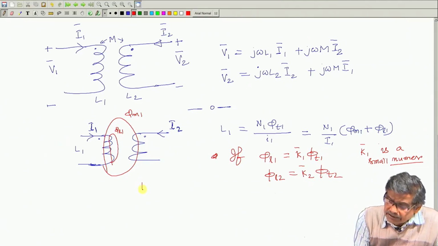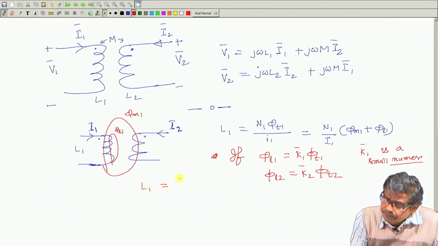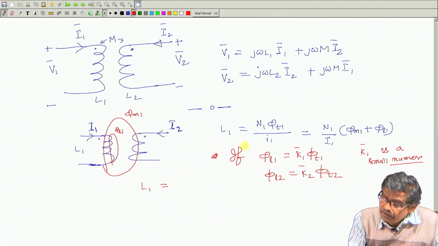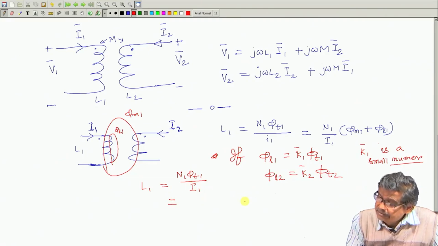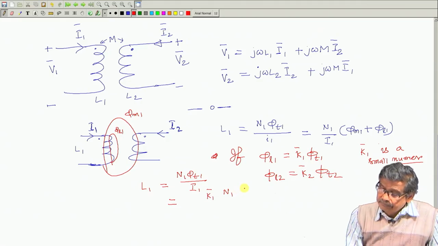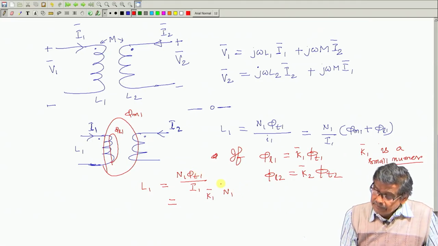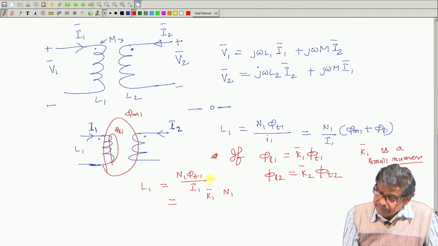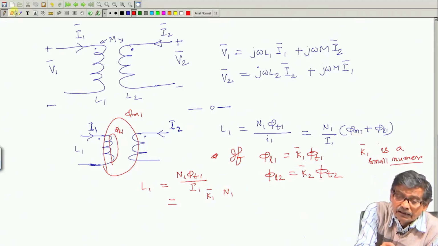Now, if you recall that L1 is equal to N1 phi T1, that is what I have written here, divided by I1. Now, this can therefore be written in terms of this leakage flux, as some K1 bar N1 into phi T1. Phi T1 is the total flux. Okay, I am sorry.